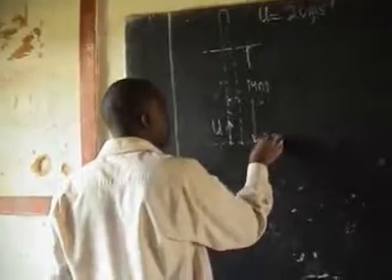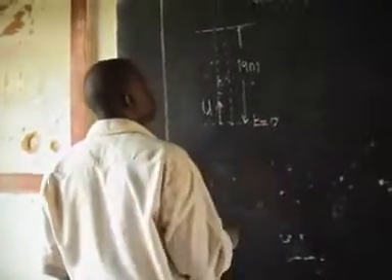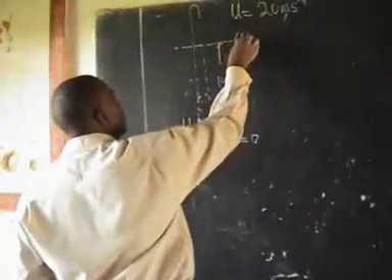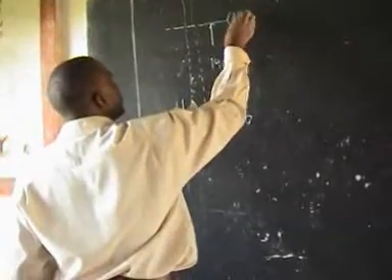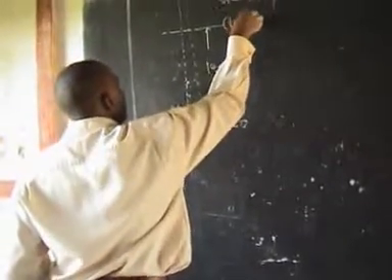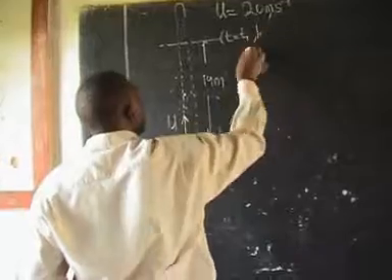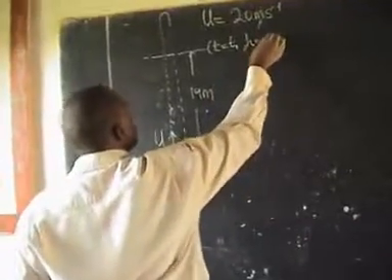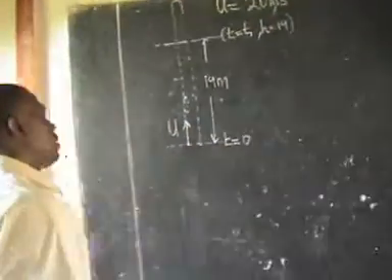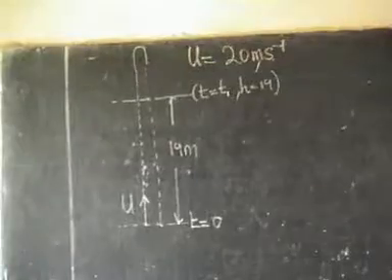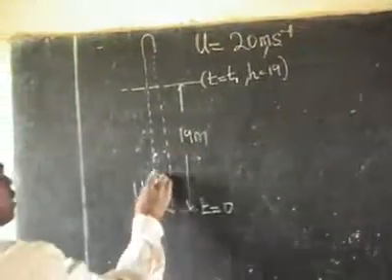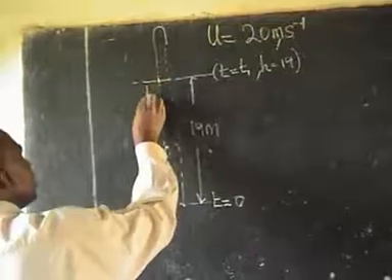So if at this point I take my t to be equal to 0, I'm now going to find the time. I can take that to be equal to t1 when h equals 19 meters. It will be at this instant when the body is at this point.